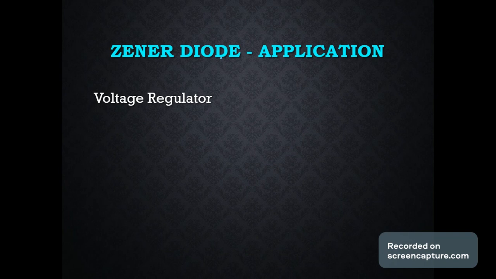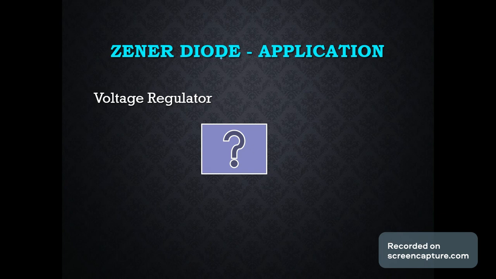So before getting into this, what might this voltage regulator be? From the name itself, we can infer that whatever the variations may be, the voltage should remain regulated. That is, it should be a constant, stable one. There should not be any variation in the voltage in spite of variations in any of the parameters incorporated in the circuit.